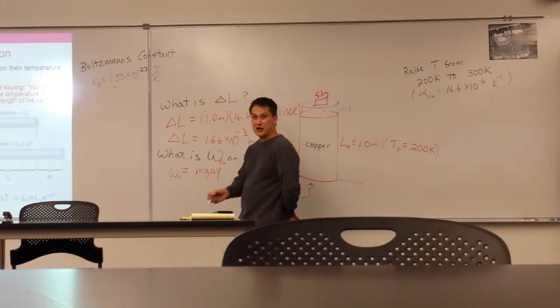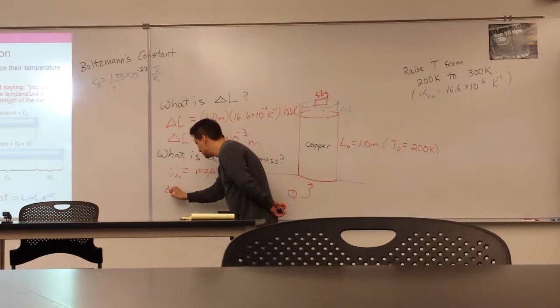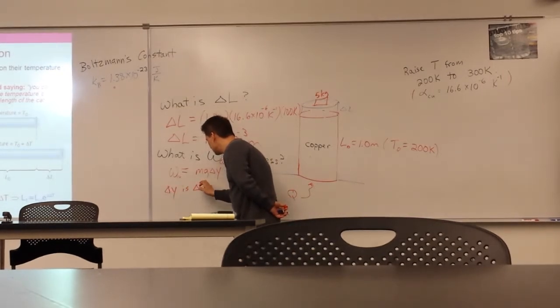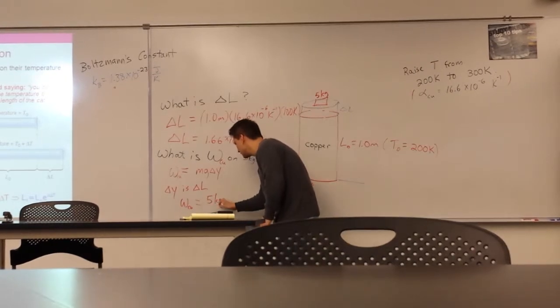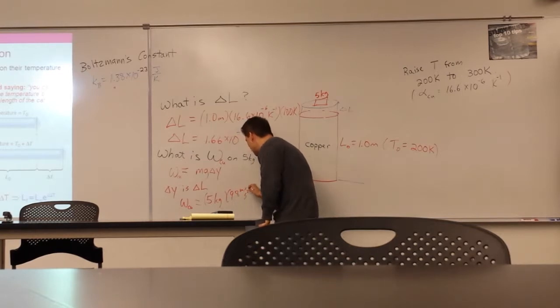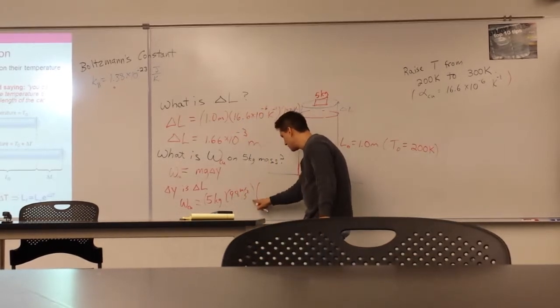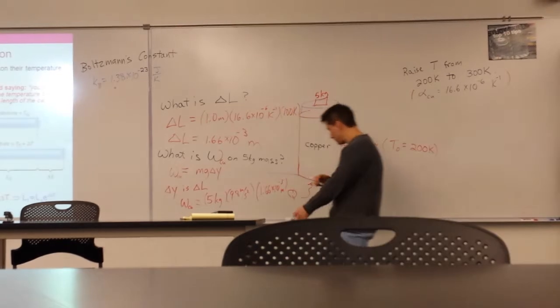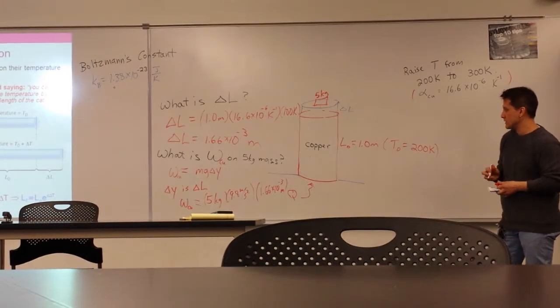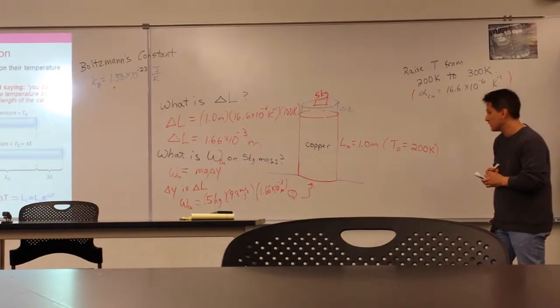And delta y is delta L. So the work then should be equal to the 5 kilograms times 9.8 meters per second squared times 1.66 times 10 to the negative third.